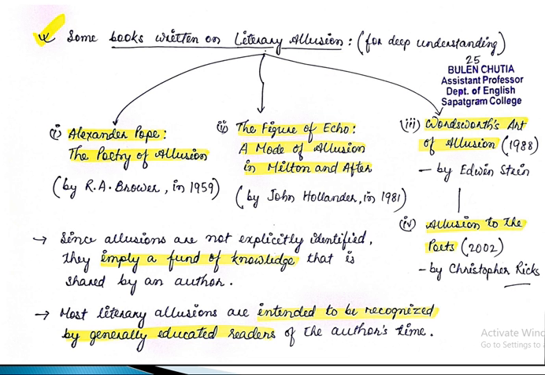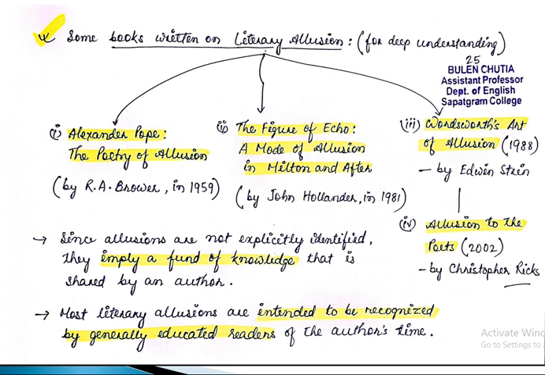Okay, it implies a fund of knowledge that is shared by an author with the readers. Who will be the readers? The voracious readers, not the ordinary readers, because the ordinary readers will not be able to understand, because they do not have much knowledge about other books.